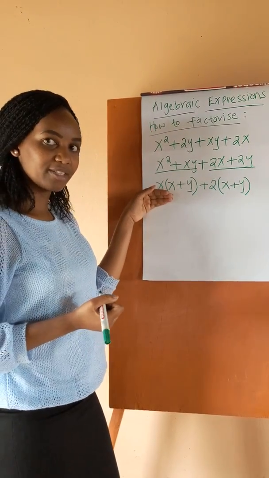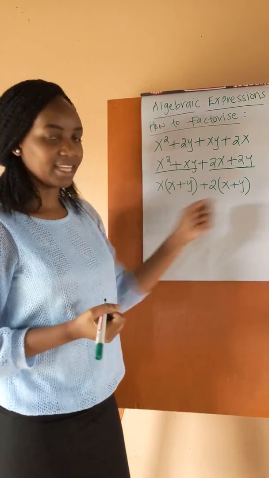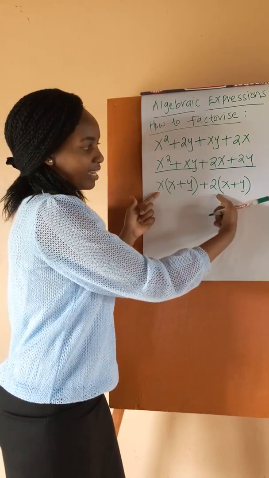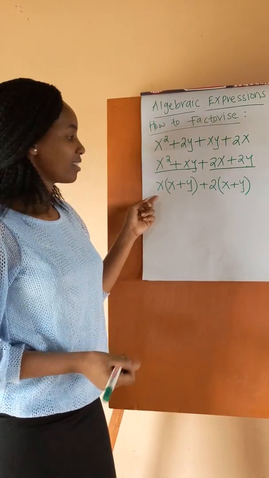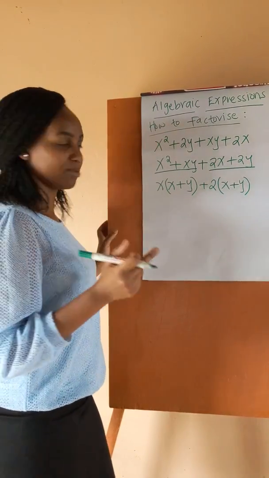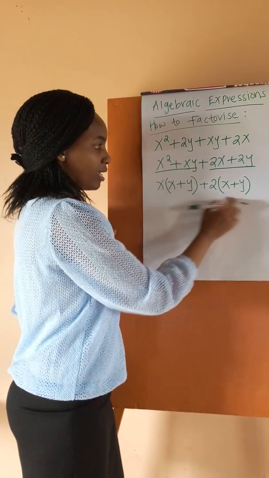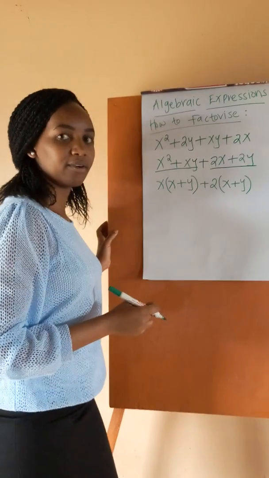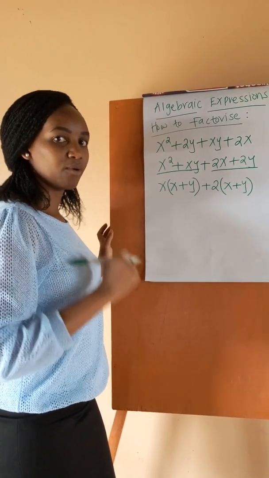At this point, you realize that you have two brackets, and then there is a letter and a number outside the bracket. If you have two brackets that are similar, you see that you have x plus y here, and you have another x plus y on the other side. So you only pick one bracket.